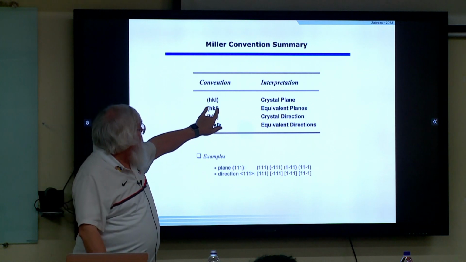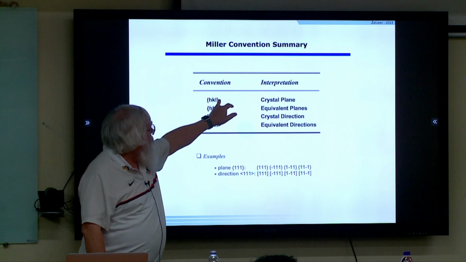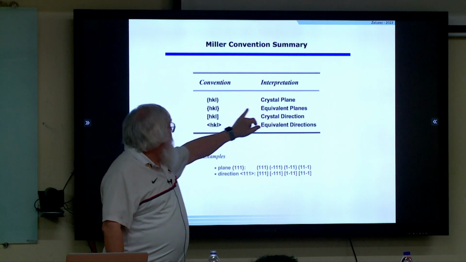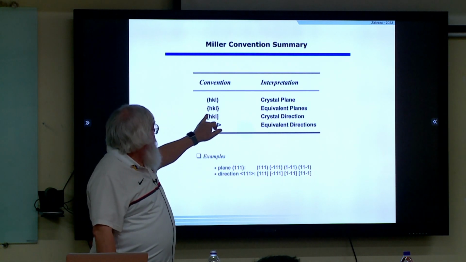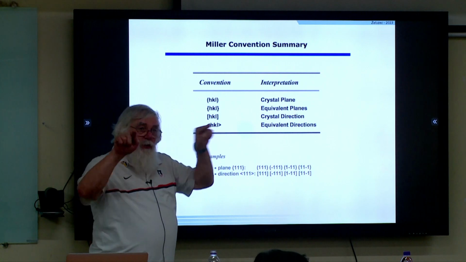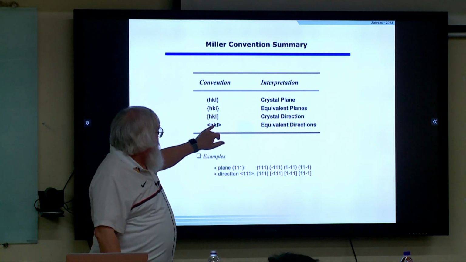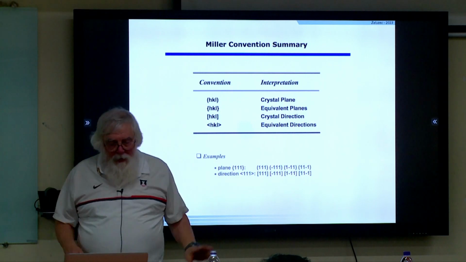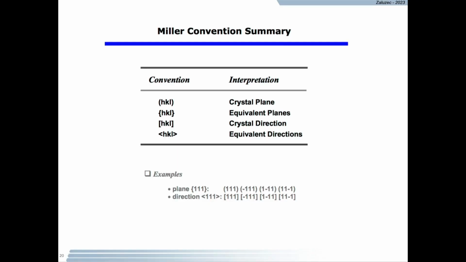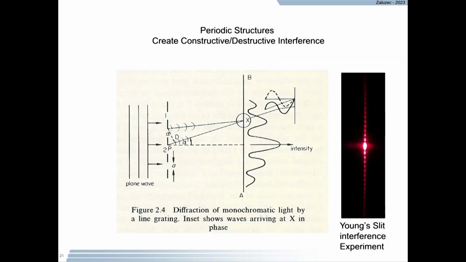The standard notation is when it's a bracket like that, we're talking about a plane. When it's a curly bracket, they're equivalent planes. When it's a square bracket, that's a direction. And when it's a pointy bracket, it's equivalent directions. So just notation. You'll see these kinds of notations on a lot of the slides I'll be showing in both the diffraction and the imaging. So just so you know where it comes from.